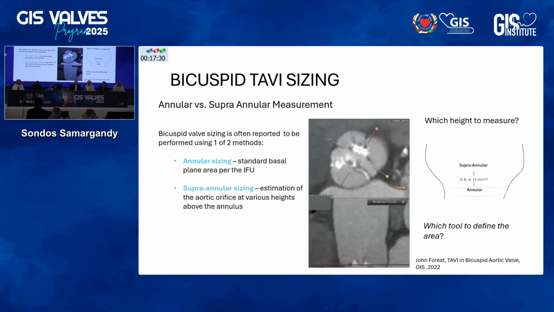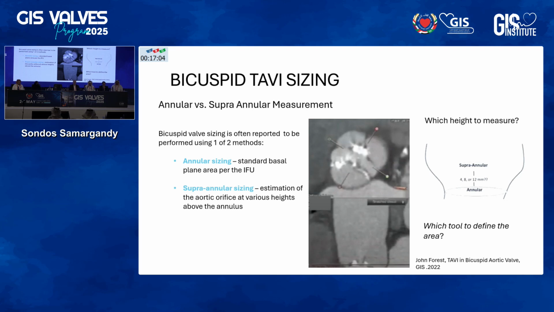So they go for more detailed measurements of the annulus and 3 millimeters, 8 millimeters, 10 millimeters above the annulus to see the shape of the leaflets and how they open during systole. Because sometimes they open either tubular, or they fan, or they taper.